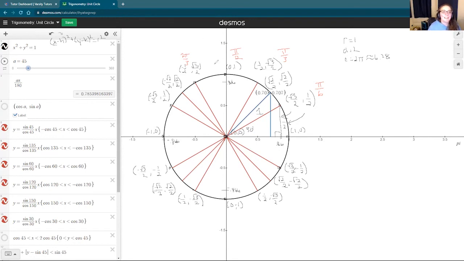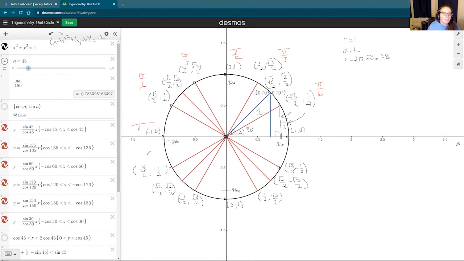Okay, so let's go even further. We're going to know that this is going to be 1, 2, 3, 4, 5. So this is going to be 5 pi over 6. We can't really reduce that one. Okay, so this one is going to be 6 pi over 6, or in other words, just pi.